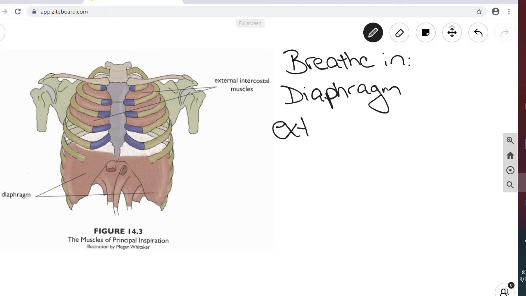So breathing in happens because these muscles contract, and when you exhale, that happens because these same muscles relax. This is just normal everyday breathing in and breathing out.